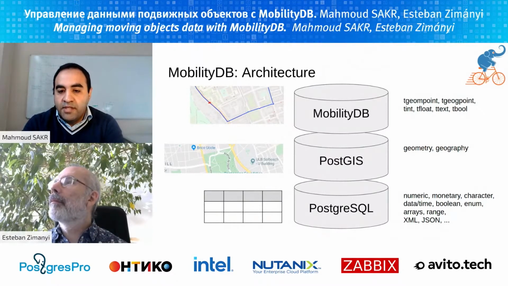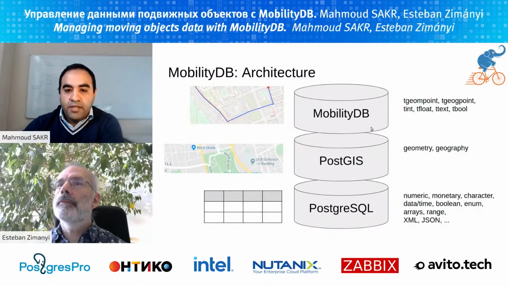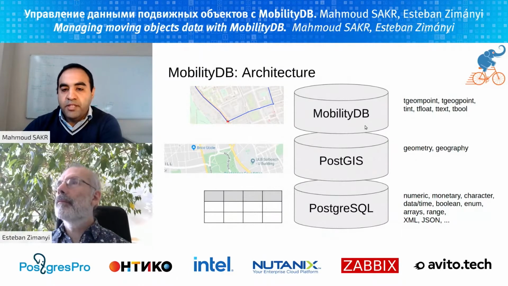And because it is extensible, a great feature, there is the PostGIS extension that basically provides digital map data management in the database through two main abstractions, the geometry and the geography types. And in the same line, we have built MobilityDB as an extension to both PostgreSQL and PostGIS.